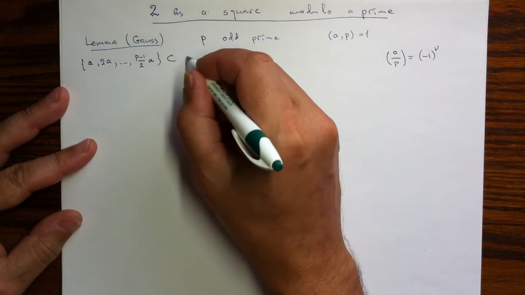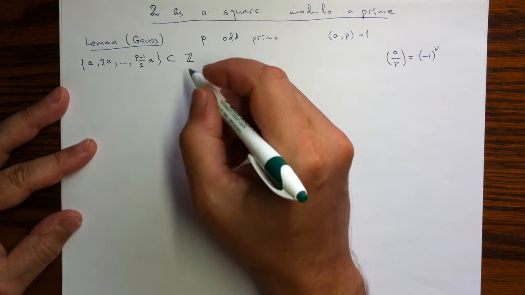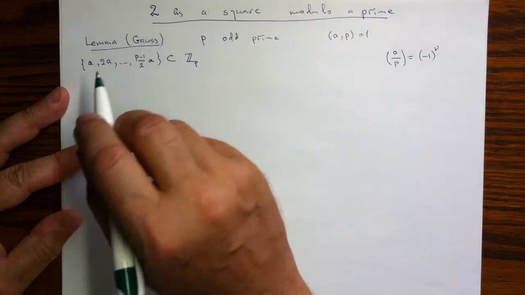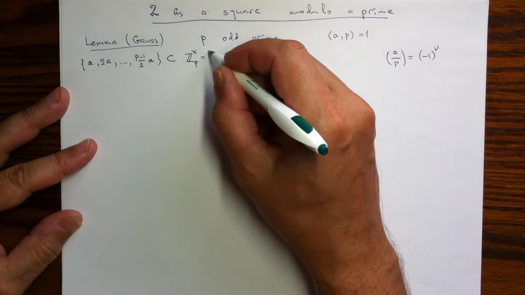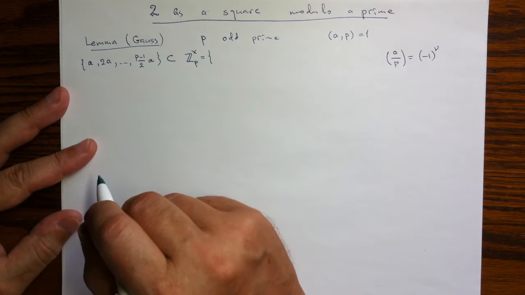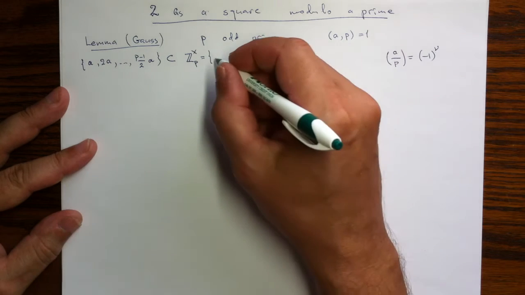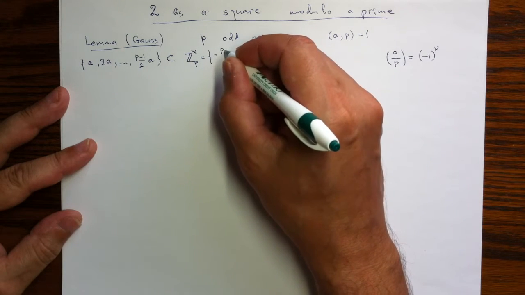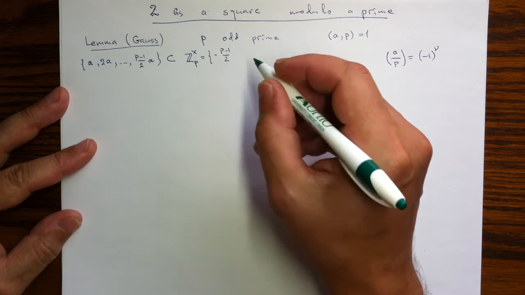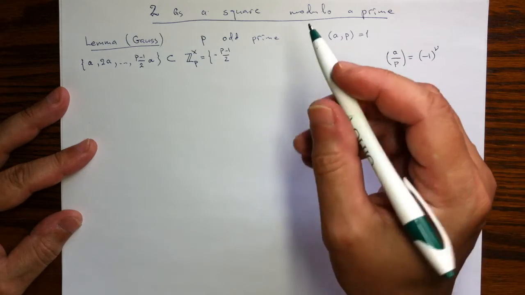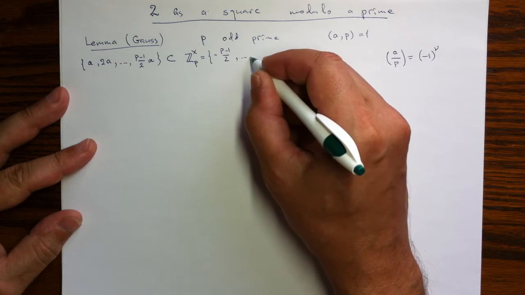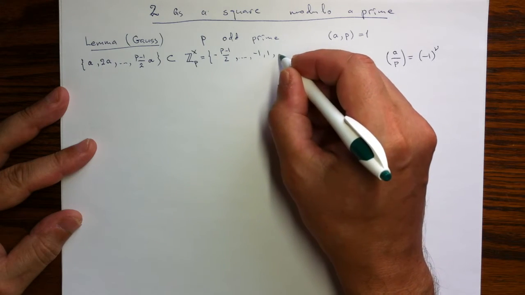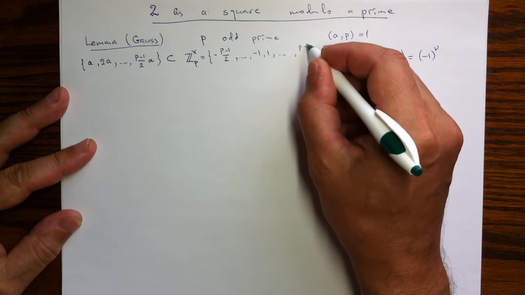So that is a subset of non-zero numbers modulo p, half of that, and I could present all the non-zero numbers modulo p by the remainders chosen in this range, from the negative (p-1)/2 all the way up to the positive (p-1)/2.